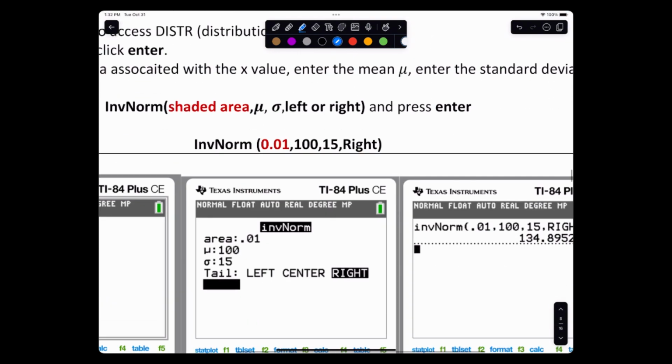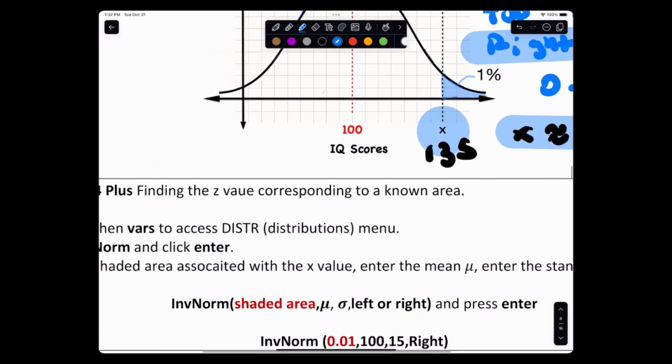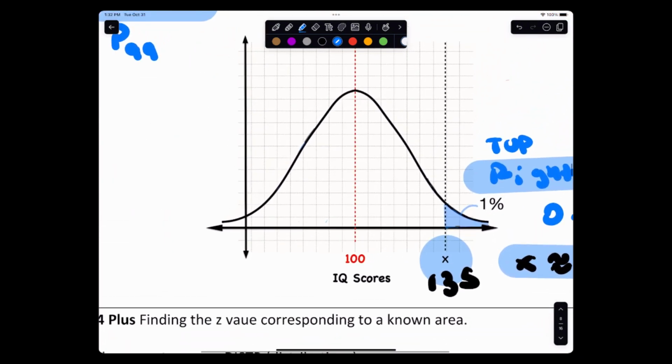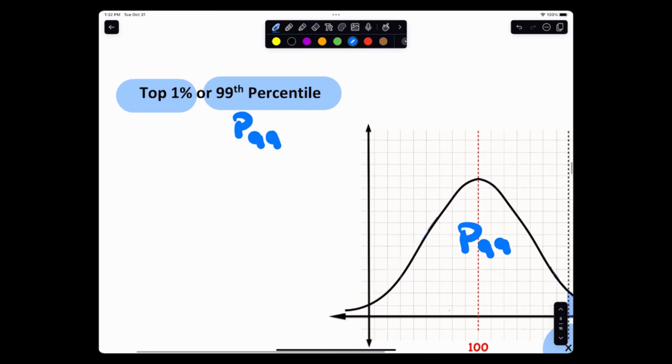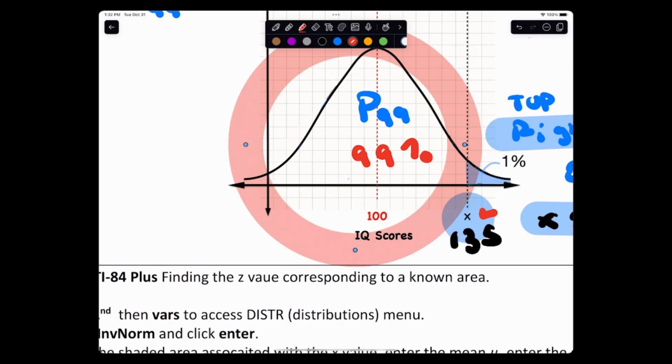And that's exactly what I put down here in your notes, you guys can review those notes. But if you had the other calculator and you need to use the default, area to the left of that value, we already said that this is the 99th percentile, right? Which means 99% of the data is behind that number. So in the default mode, 0.99, 99%, okay?